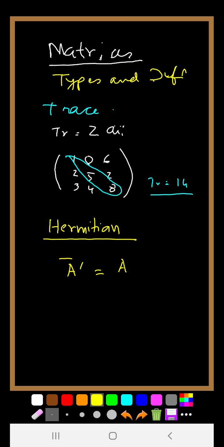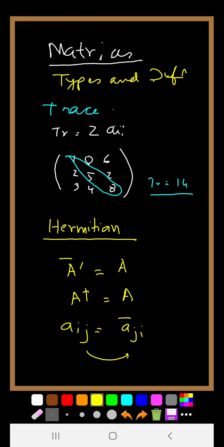It is also sometimes represented as A dagger. A dagger means you transpose it and then you conjugate it, then it's a Hermitian matrix. Or in terms of elements, if a_ij is equal to a_ji bar, then by converting ij to ji you are transposing it, and by converting a_ij to a bar, you are conjugating it.